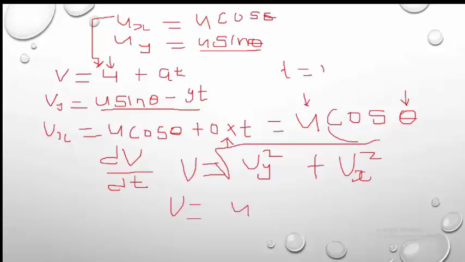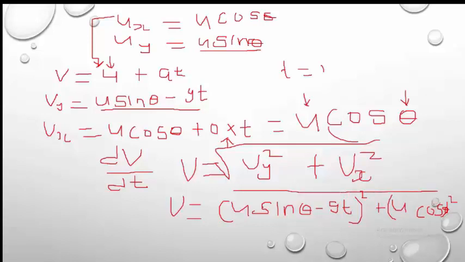My vy is u sin theta minus gt, whole squared, then plus u cos theta, all squared.